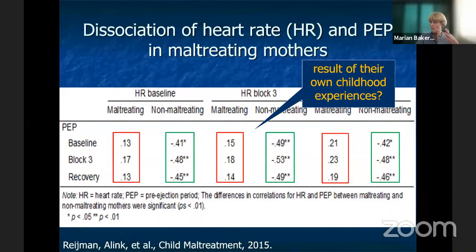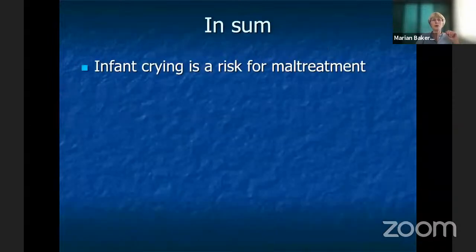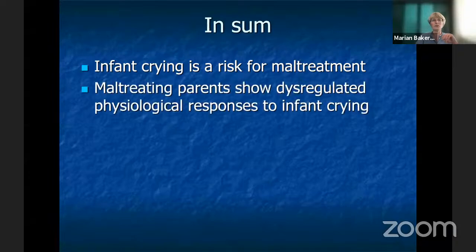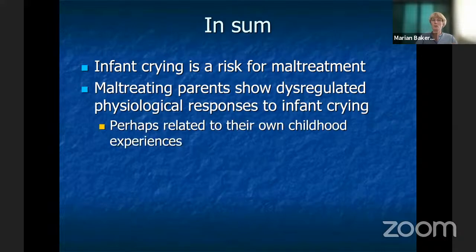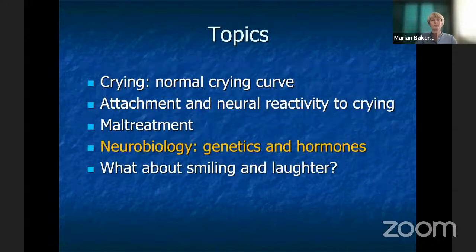And that may be the result of their own childhood experiences, which were in many cases not too good. So infant crying is a risk for maltreatment, as shown in a prevalence study of child maltreatment. Maltreating parents show dysregulated physiological responses to infants crying, which may be related to their own childhood experiences.